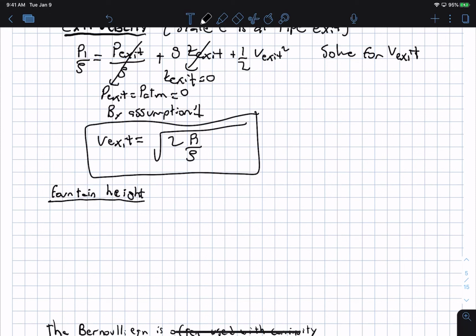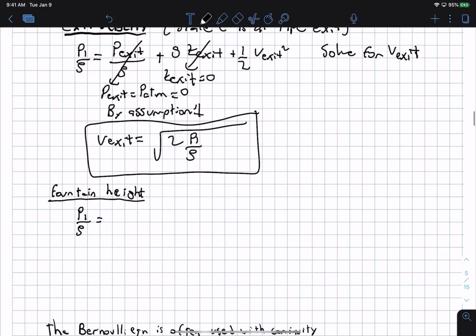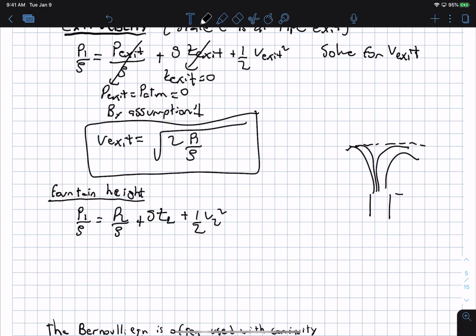Okay, so again, we have P1 over rho equals P2 over rho plus g Z2 plus 1/2 V2 squared, where I'll call that state 2. Well, let's think about it. We have our pipe that is shooting out some water, and we are asked to find the height of that fountain.